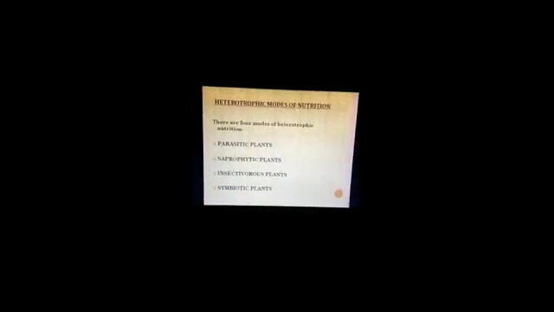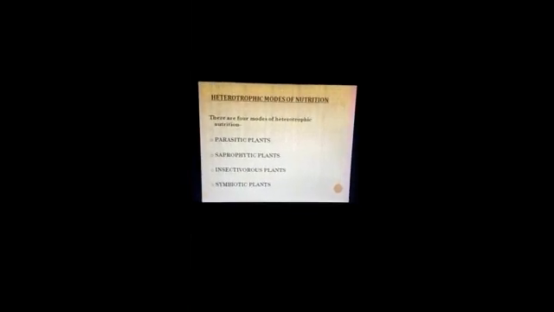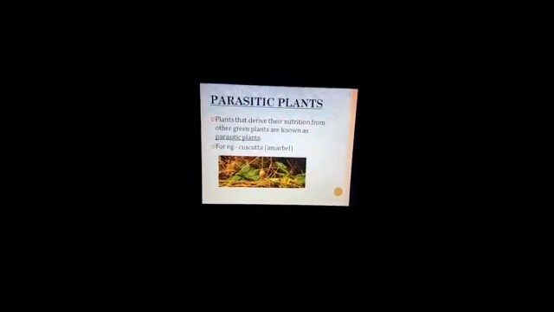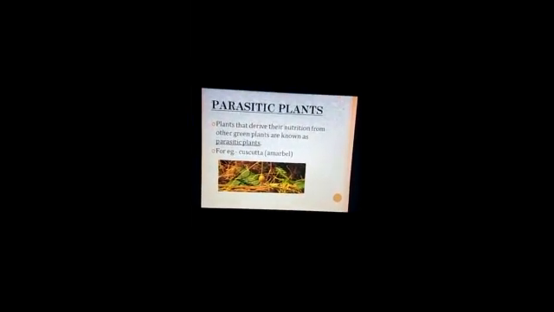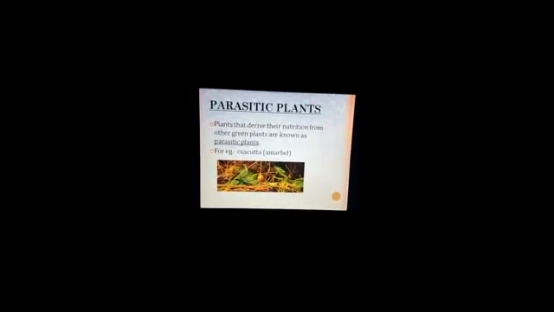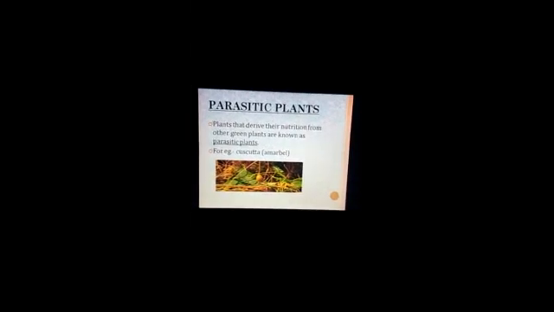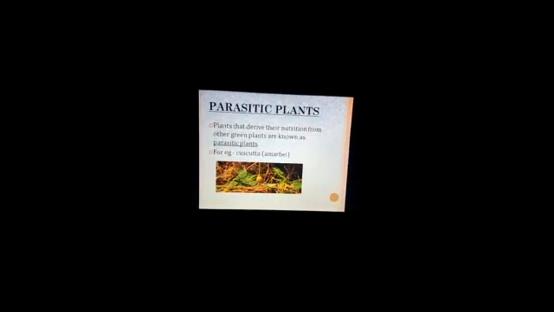Now, heterotrophic modes of nutrition. There are 4 modes of heterotrophic nutrition, that is, parasitic plants, saprophytic plants, insectivorous plants, symbiotic plants. Parasitic plants. Plants that derive their nutrition from other green plants are called parasitic plants.